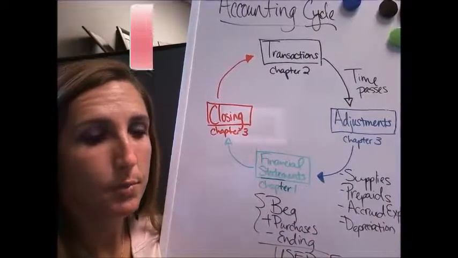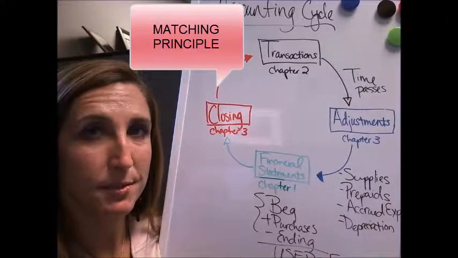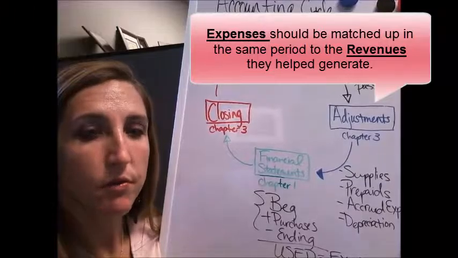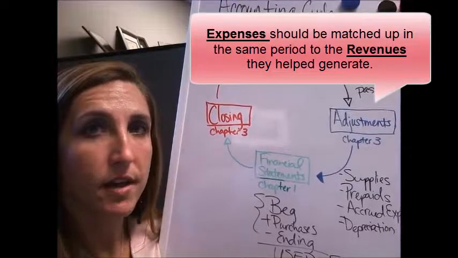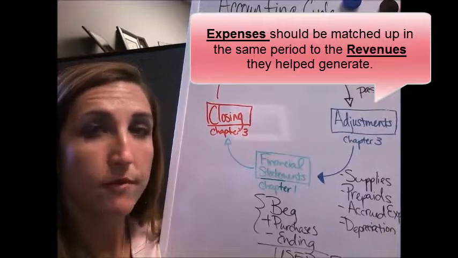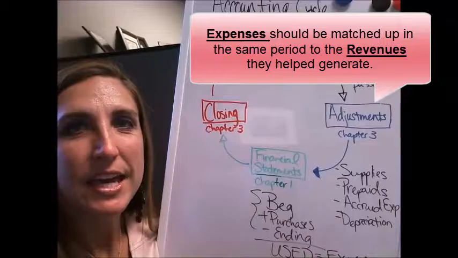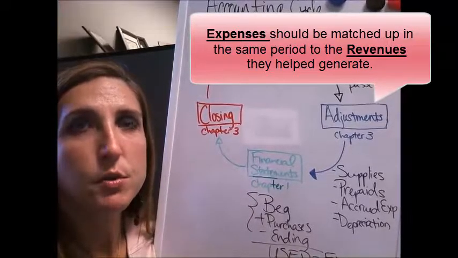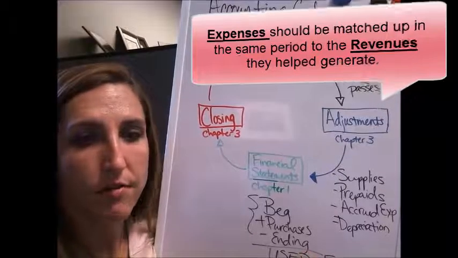It also, besides recording revenue when it happens, which is called your revenue recognition principle, it also says we want to follow the matching principle, which means there's a cause and effect relationship between revenues and expenses. You've heard that phrase, you got to spend money to make money. It's not always with cash, but you have to incur some kind of cost, some kind of expense to generate revenue.